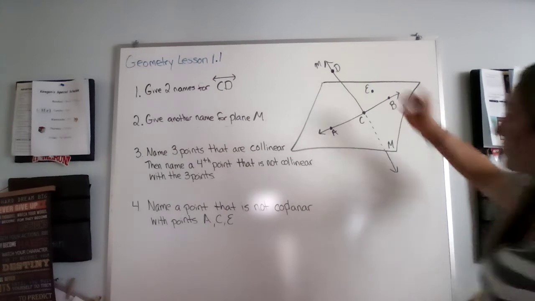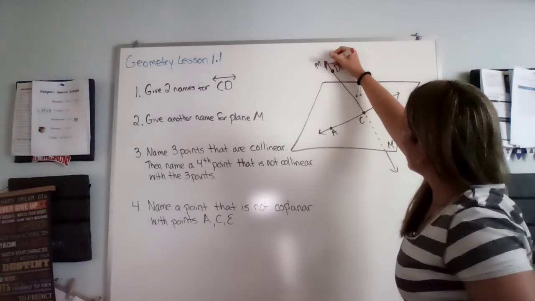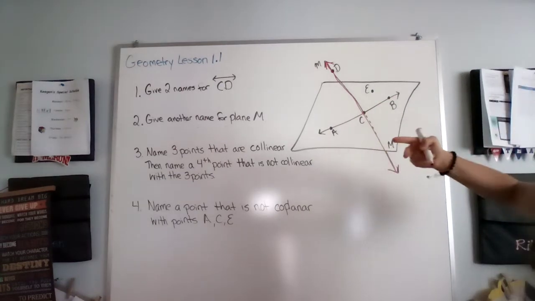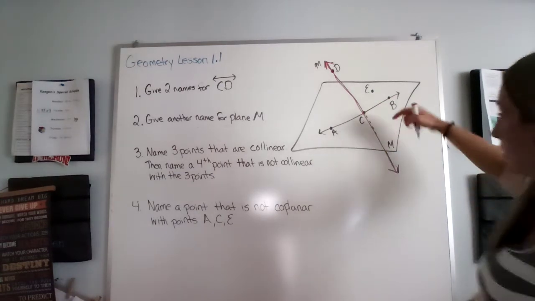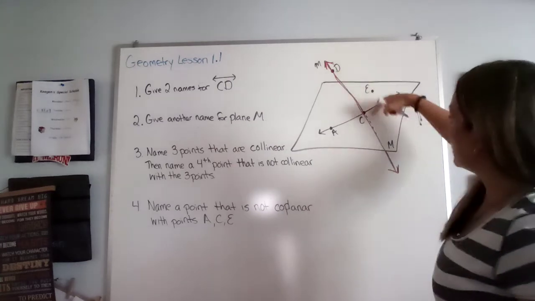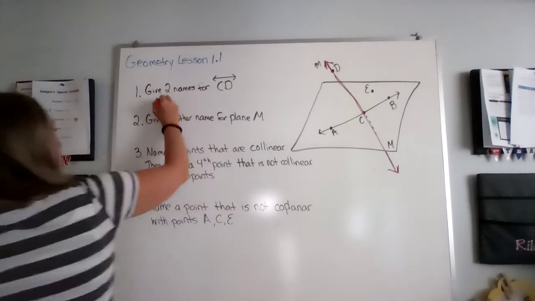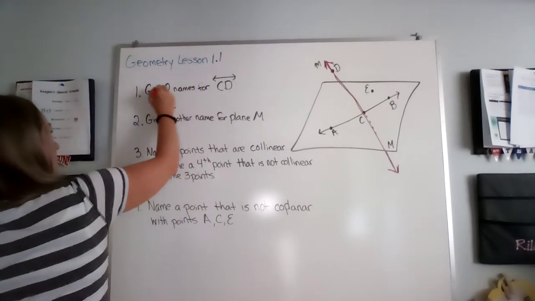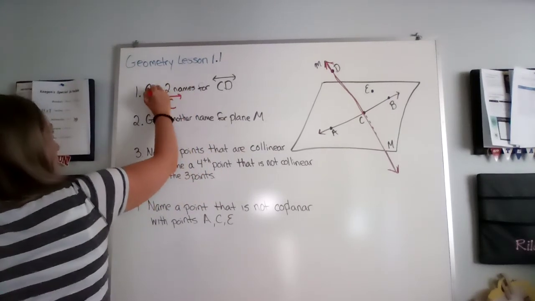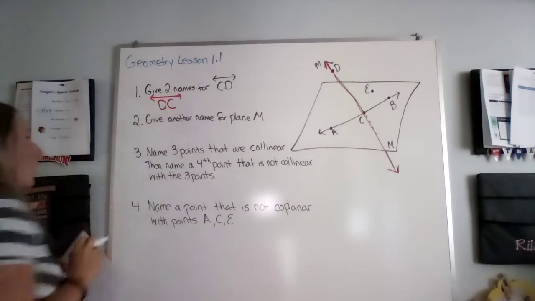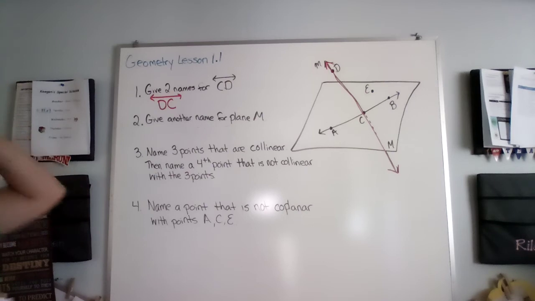So what is another way to name this line here? Well, for a line, you can just flip the letters around, and that's another way of naming the line. Instead of calling it line CD, I could call it line DC. And make sure to put your line symbol above the two letters. And we don't put little dots on the line symbol when we're just naming the line.